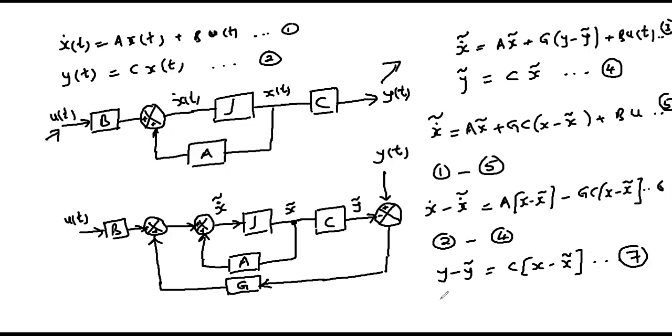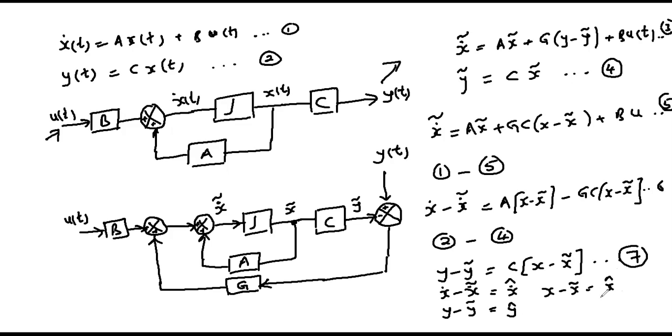From equations 6 and 7, we can define new variables as follows: x derivative minus x estimated derivative as x derivative hat, y minus y estimated as y hat, and therefore x minus x estimated as x hat.